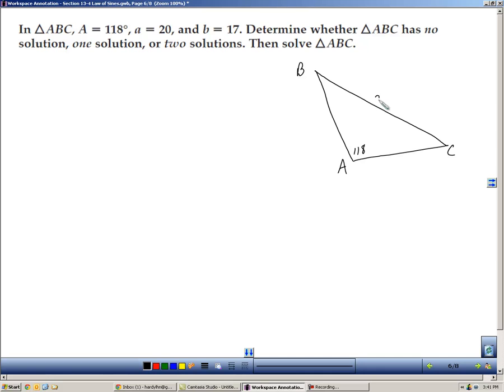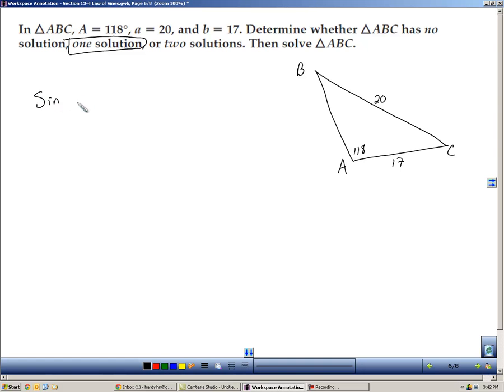Well, I'm told that my A is 20 and my B is 17. So my side A is bigger than side B. So we know from the chart that we showed on the last slide that we are going to have one solution here. So now that we know we're going to have one solution, let's go ahead and use the law of sines to find it.